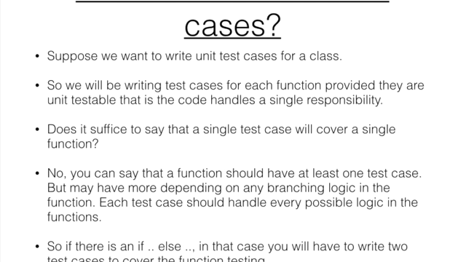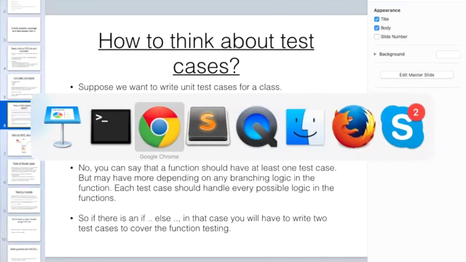So can anyone tell how to go about thinking about a test case? What is the input and output? I'll just give an example. How do you think about testing?